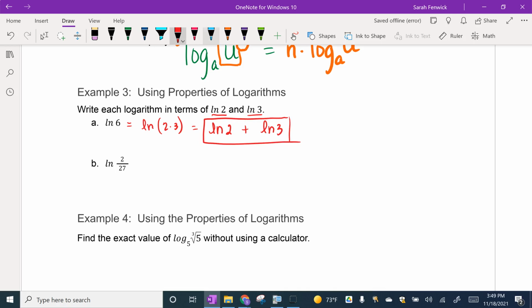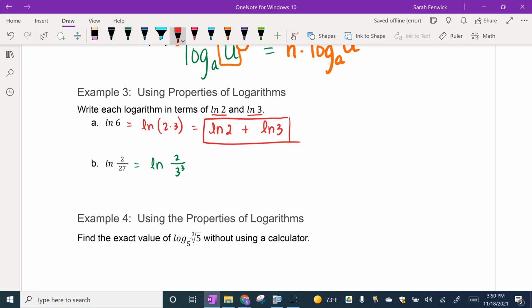The next one, there's lots of ways to do this. I'm going to give you what I think is the most efficient way. This is natural log of 2 divided by 27, and 27 is 3 to the third power. I don't really want to do 3 times 3 times 3 because that's a whole lot of doing it out, and then I'm just going to combine them in the end.